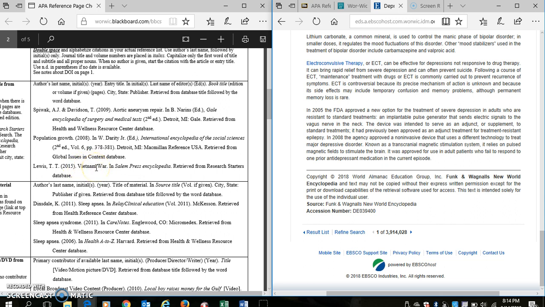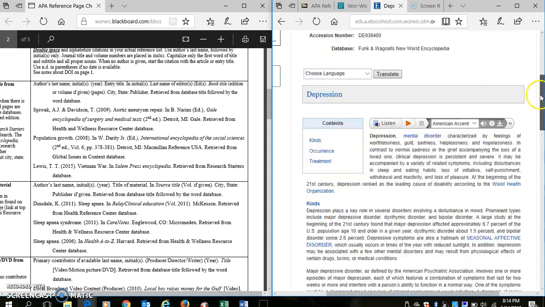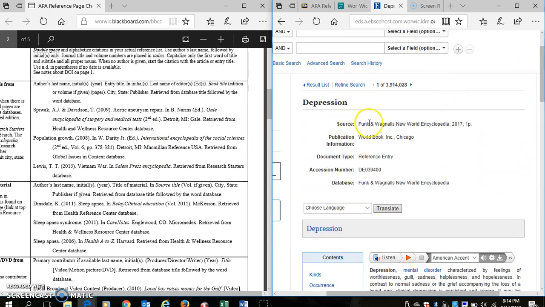So instead of putting in the editor, we're just going to go straight to this encyclopedia title. So we're going to put the word In, and then we're going to put the name of the encyclopedia in italics. So if we come back up again, the name of the encyclopedia is Funk and Wagnall's New World Encyclopedia.